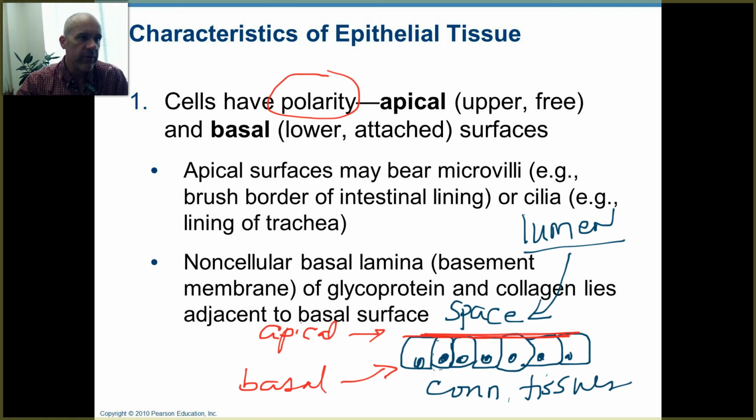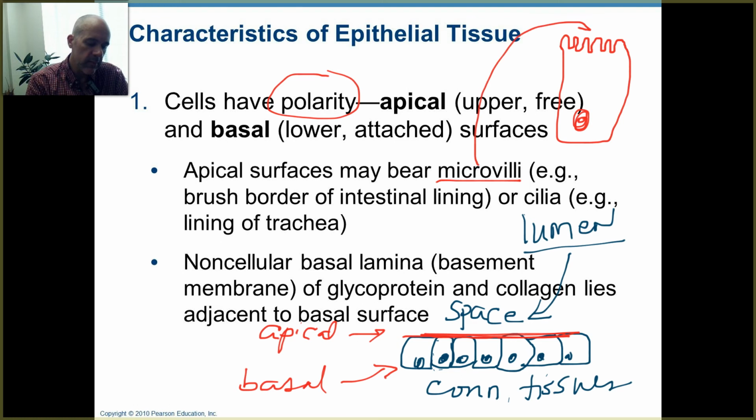The apical surface may have additional little structures on it. If this is an epithelial type cell, and you have little wiggles of the plasma membrane on the surface, those are called microvilli. You'll hear about those when you study the intestinal tract in more detail in Biology 202. Those are just folds of the plasma membrane.